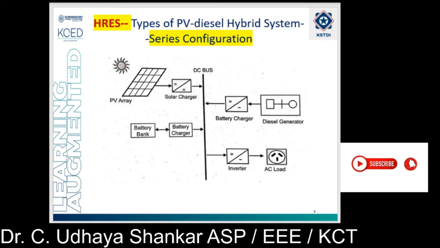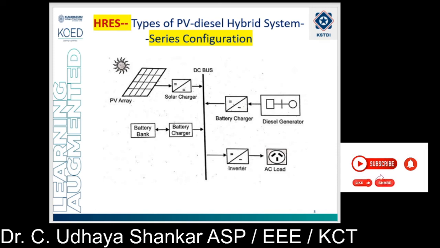The power generated by the DG is rectified and converted back to AC, which leads to conversion losses. The actual load demand will be met by the PV and diesel generator set along with the battery banks. The solar controller monitors all the states, prevents overcharging of the battery bank, and also takes care of the implementation of MPPT.